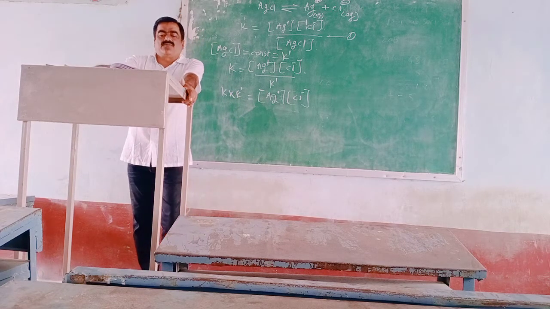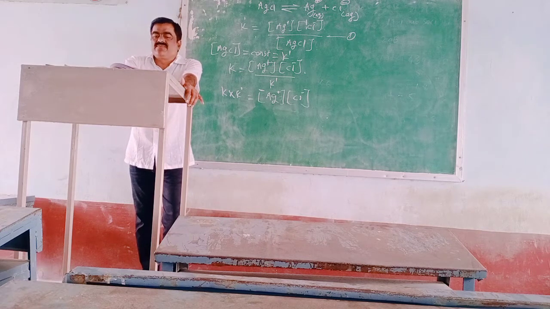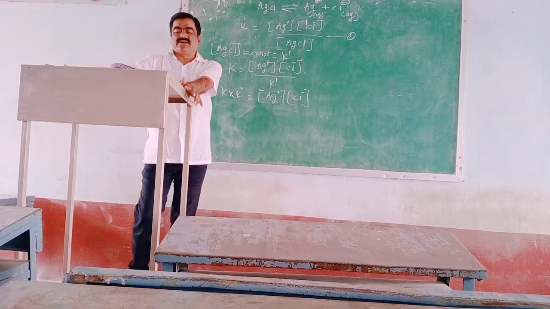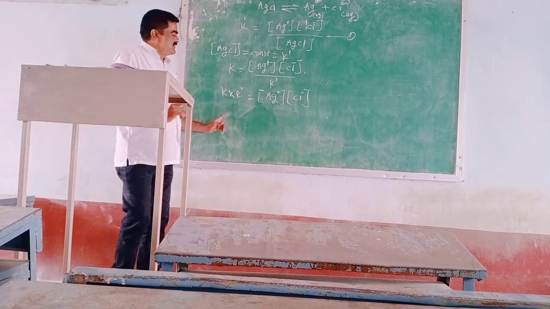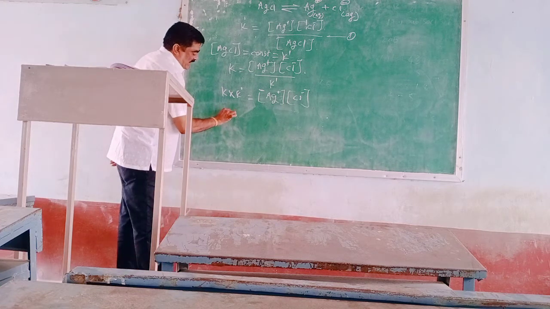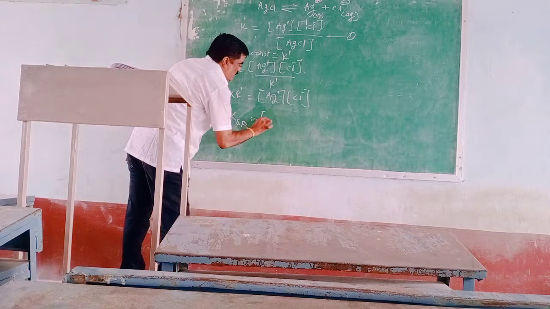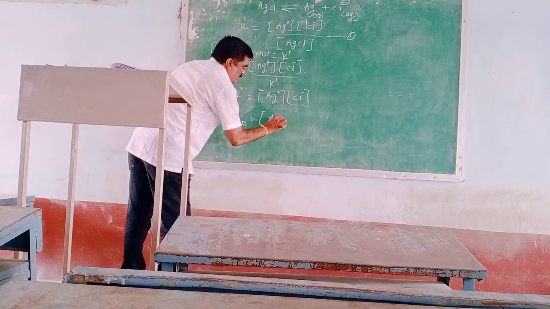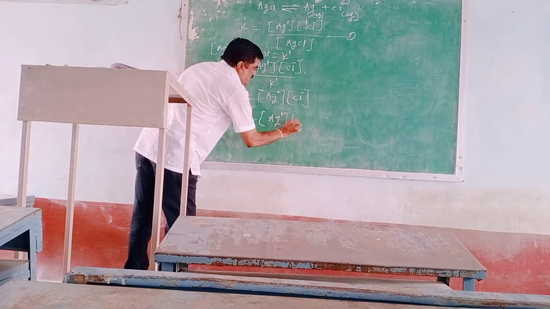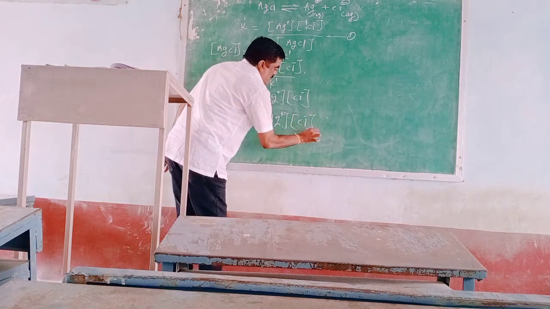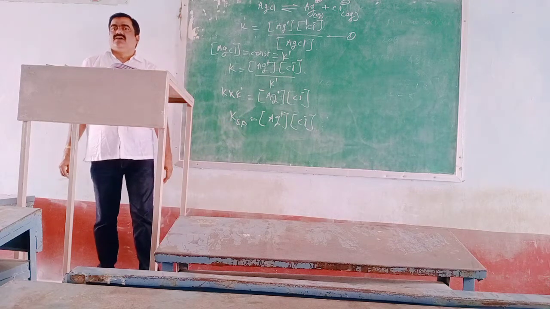That is the product of the concentrations of the ions in saturated solution, which is represented by another constant, that is Ksp. Ksp is equal to the molar concentration of Ag plus ions into the molar concentration of Cl minus ions.